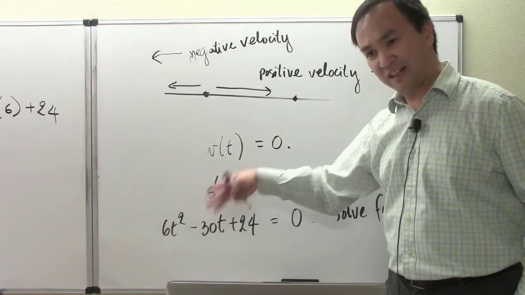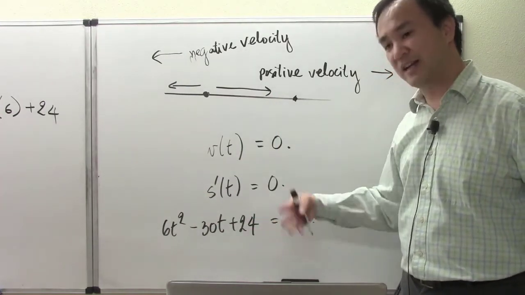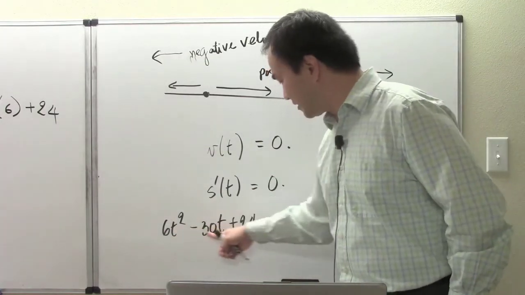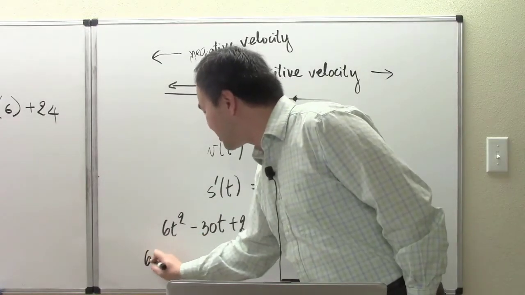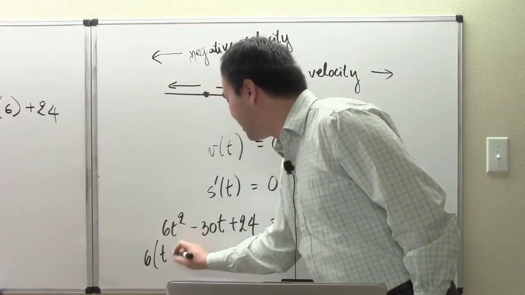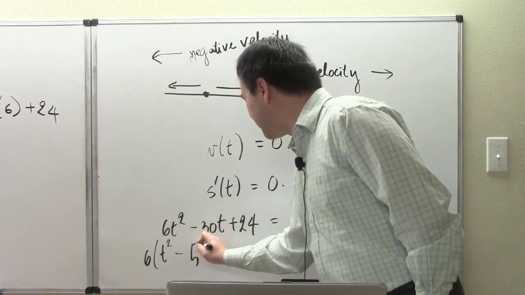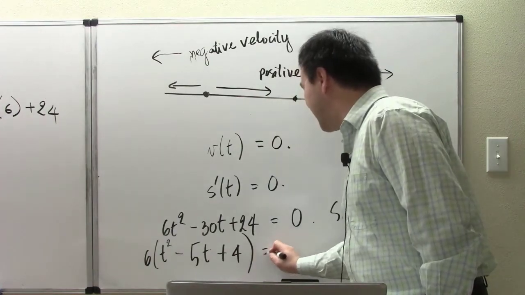There are at least 3 standard methods. Whatever I do here is just my choice. Here the coefficients are easy enough, so I'll just factor the 6 out, ending with t squared minus 5t plus 4 equal to 0.